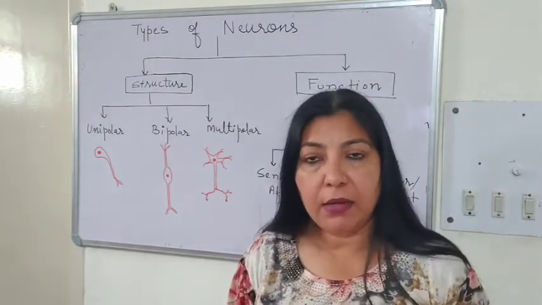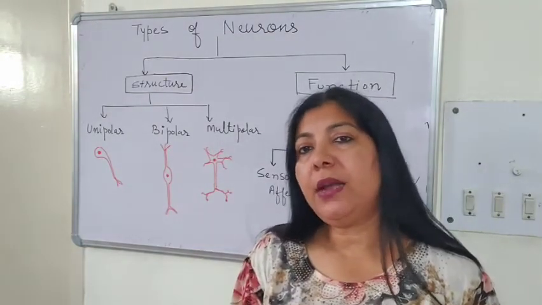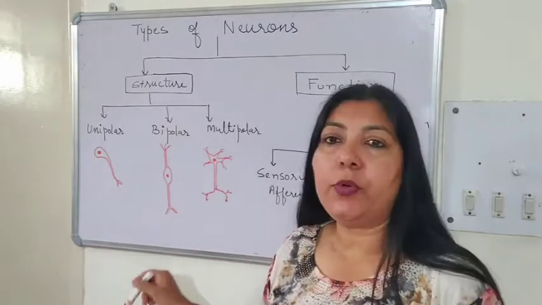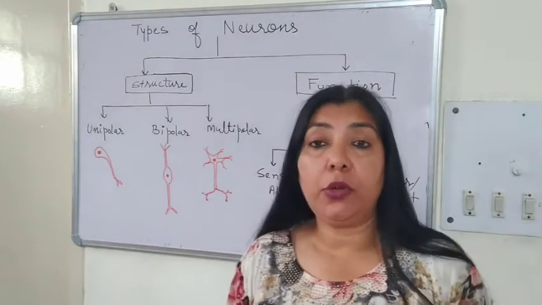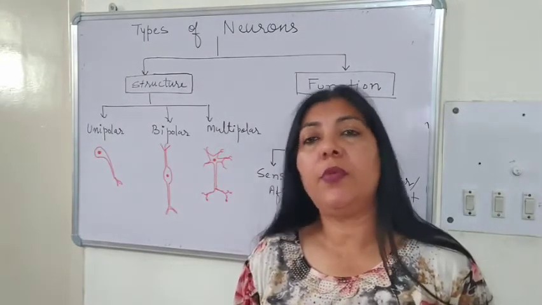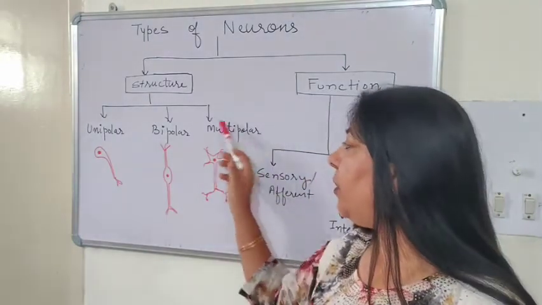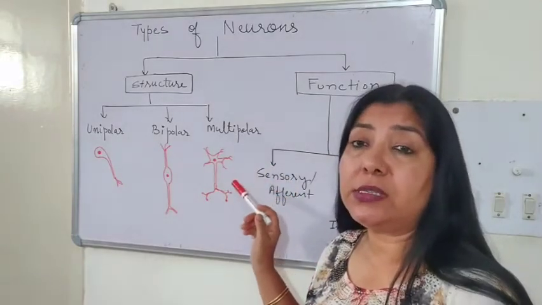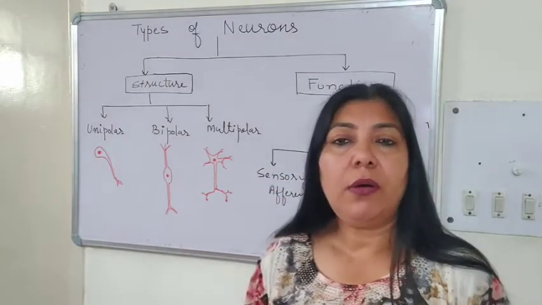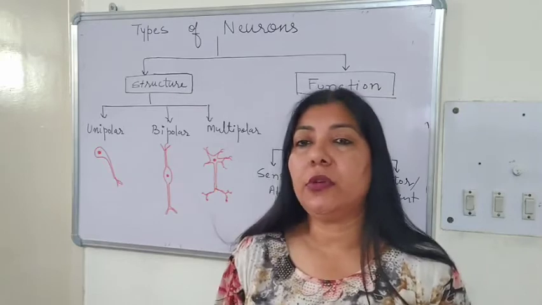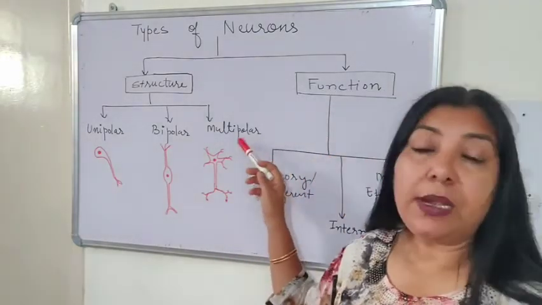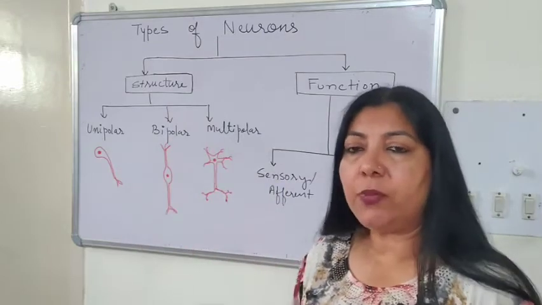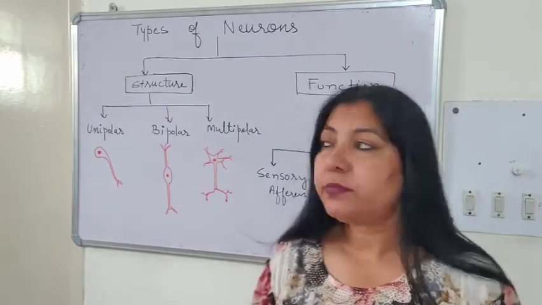Most of the ganglia present in the retina are bipolar. But 90% of neurons are multipolar. They take the information from various sources and pass on to various other neurons. So most of them are multipolar. They have many cytoplasmic processes.